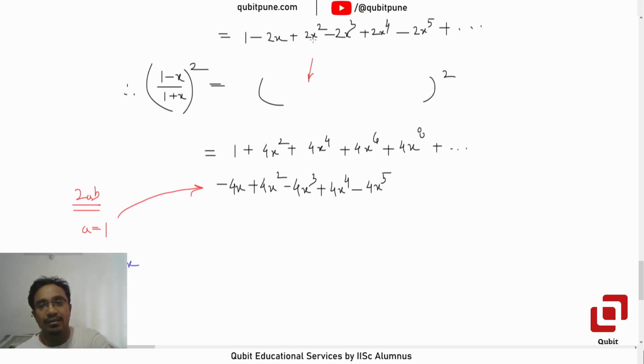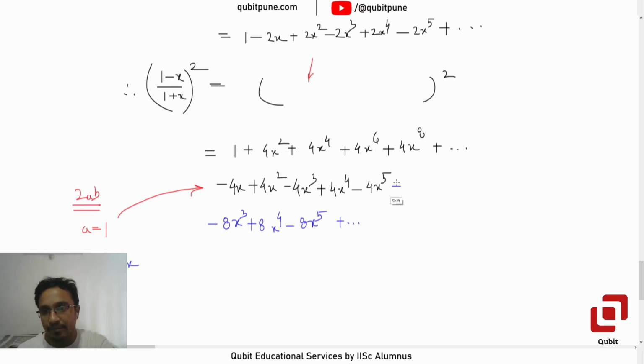So minus 2x into 2x squared, how much will it be? Into 2, that would be minus 8x cubed, then plus 8x raised to 4, plus 8x raised to 4, minus 8x raised to 5, and we can now truncate our series. There is no need to continue.